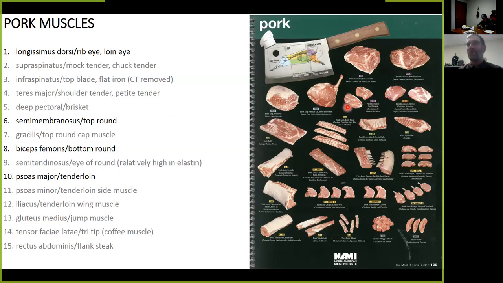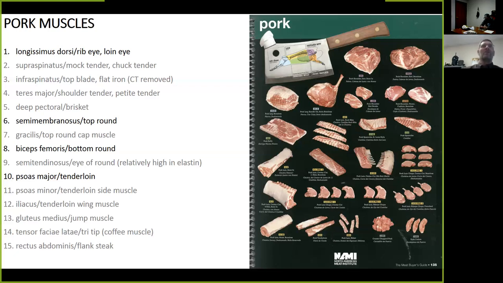Yep, if it's got a blade bone, it either has to come from the shoulder or the very front part of the loin. And then if you look up here at this blade Boston, it's got a blade bone in it too. That's a little harder to see, I think. So that's good. And here they handily have the skeletal structure of the pig so that we can take a look at that and compare it to these. Very good.